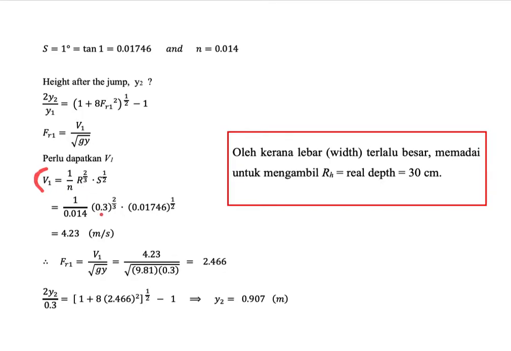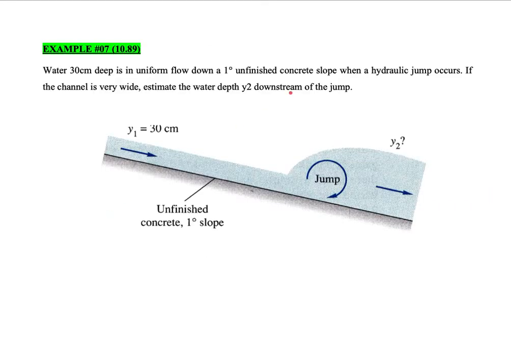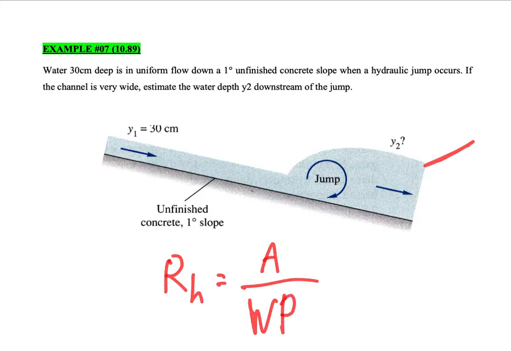The problem is that in this condition they do not give us the value of the width, because the hydraulic radius equation is cross-sectional area over WP, the wetted perimeter. But it says that the channel is very wide.